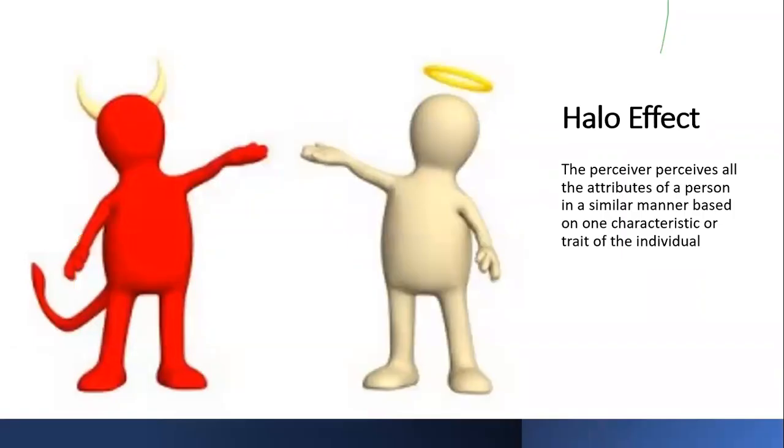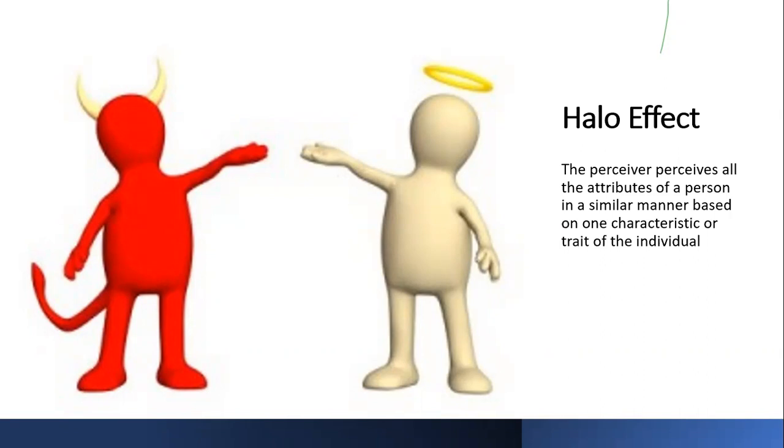The halo effect. Now, I'm sure growing up, some of us had siblings, and perhaps it was even you who was the favorite child, but there are times where you perceive that your sibling is the favorite child, and you know that no matter what that child does, the mother will not see that the child is doing bad. That's what we call the halo effect. The person perceives all the attributes of a person in a similar manner based on one characteristic.